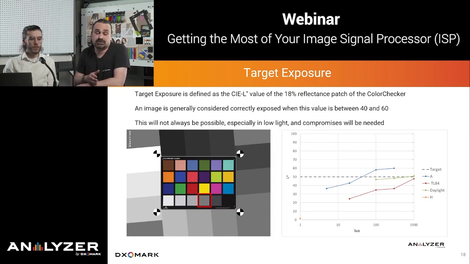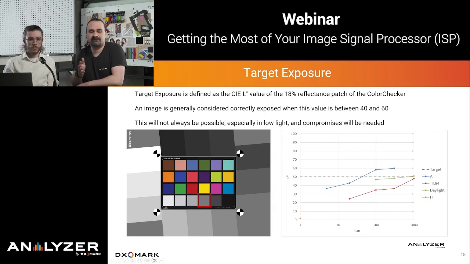So I take the patch with reflectance 18%, which should be represented in the center of the dynamic range of your sensor. And we measure the colorimetric value of that patch in the standardized LAB space, in which the L stands for lightness. This lightness should fall in a correctly exposed image somewhere between 40 and 60.